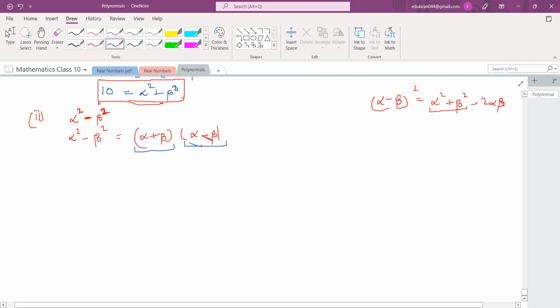Now, how will I find the value of alpha minus beta? If I make use of two identities, I do alpha plus beta whole square minus alpha minus beta whole square.